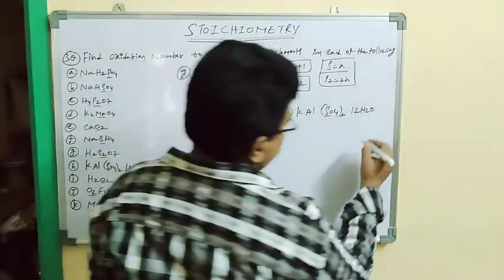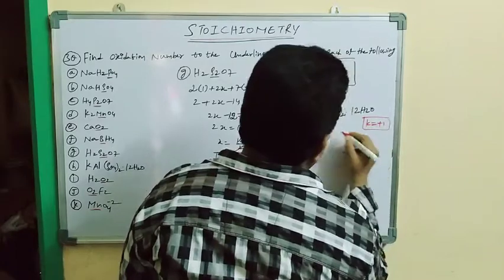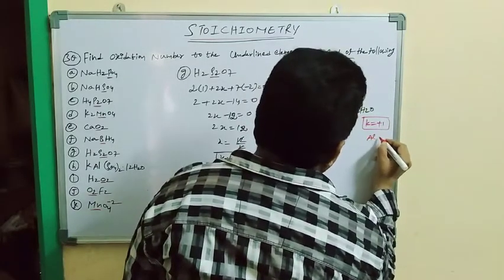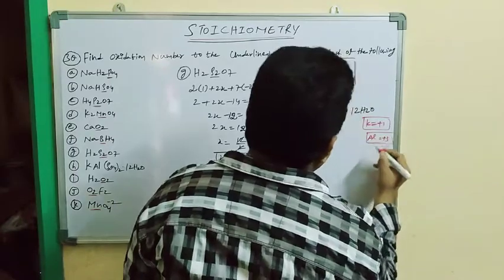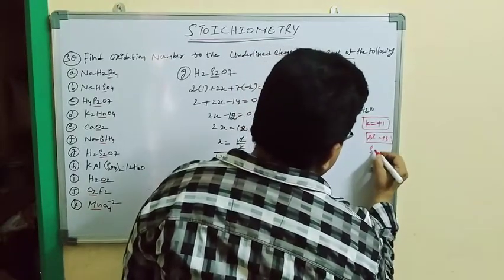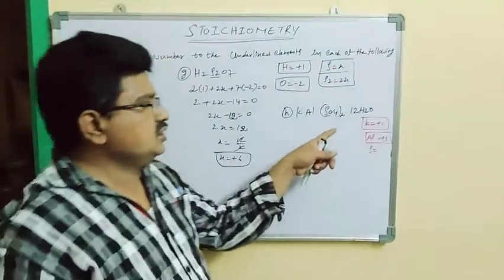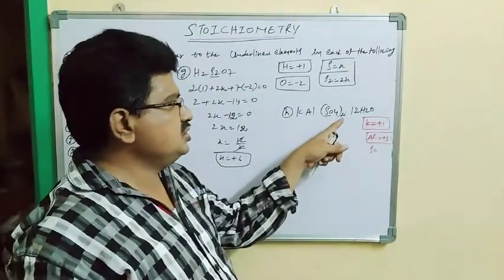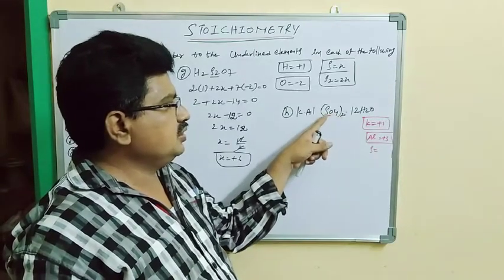See here, potassium charge, how much, students? +1. Aluminum charge, how much, student? Aluminum charge +3. So sulfur charge X. Here in the SO4 twice means these two multiply inside.